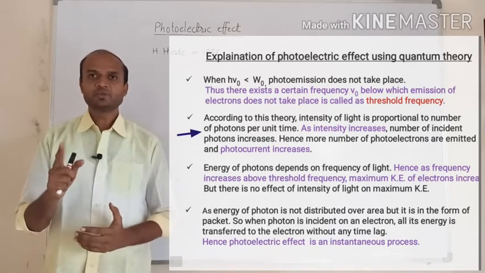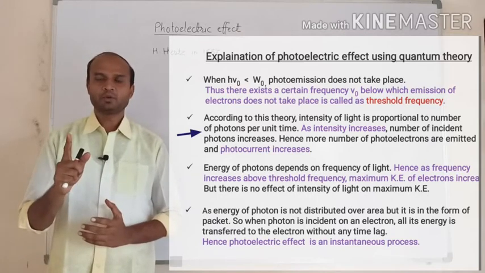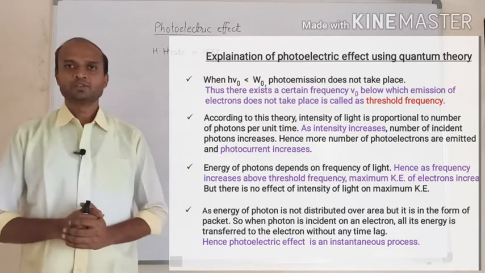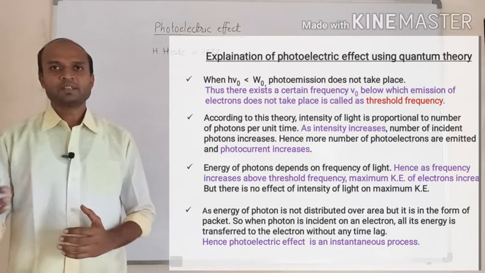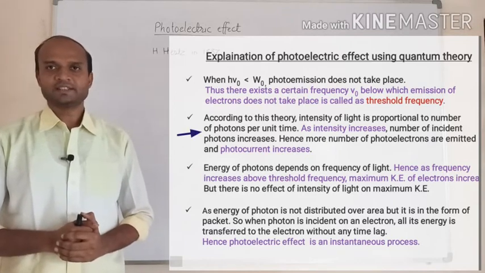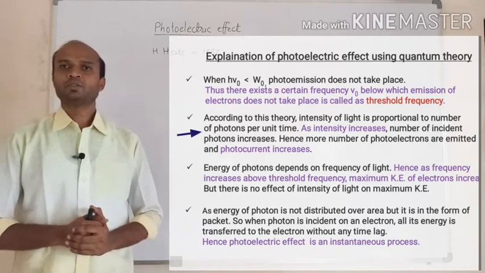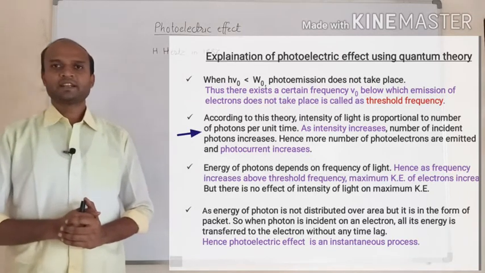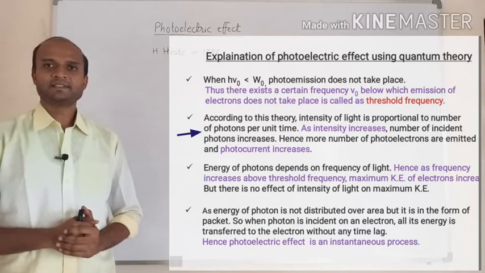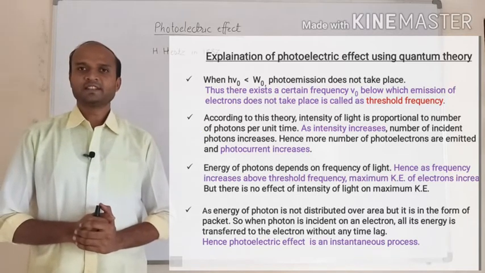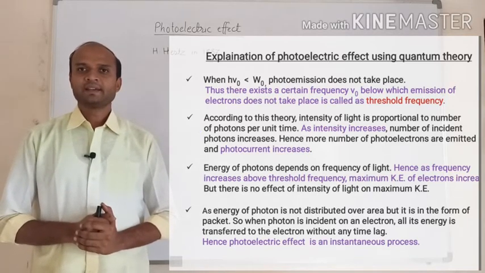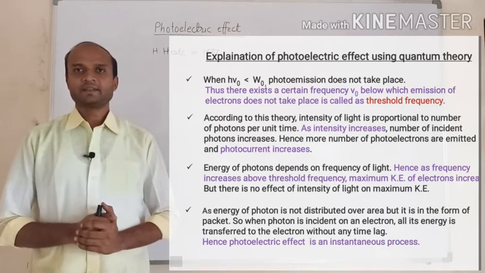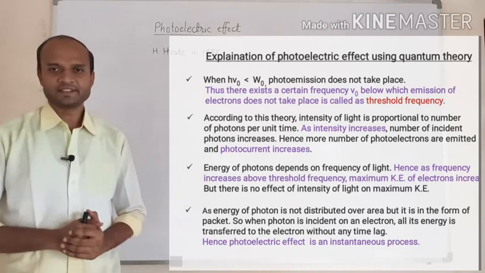As there is 1:1 interaction, because one photon interacts with one electron, the number of electrons emitted also increases, and that's why photocurrent also increases. So in this way, Einstein's photoelectric equation explains why photocurrent is directly proportional to the intensity.